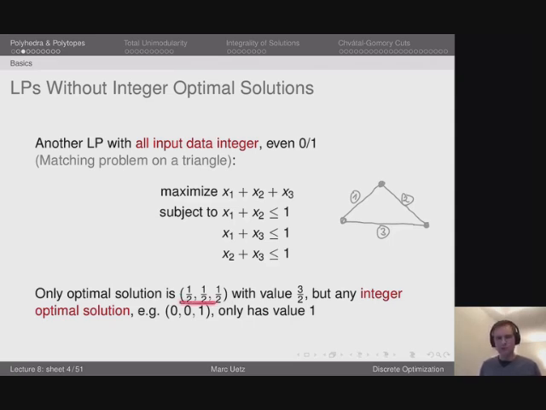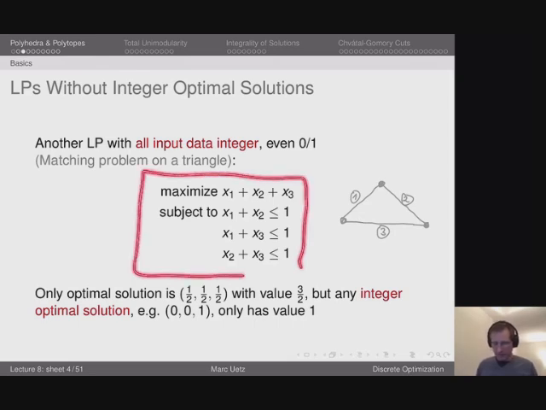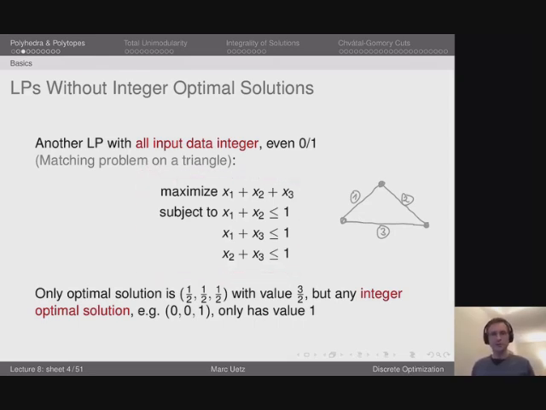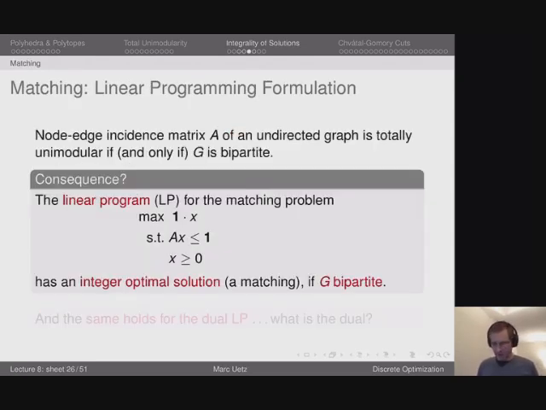That's a fractional value, and this gives us the optimal solution value, which is 3/2, right? So in general, for non-bipartite graphs, the corresponding linear programming formulation doesn't give integer optimal solutions, but it does give us integer optimal solutions if the graph is actually bipartite. And why? Well, because the constraint matrix is totally unimodular. So that's kind of nice. We could solve matching problems for bipartite graphs by just using a linear programming solver.